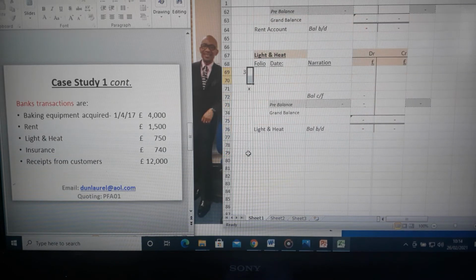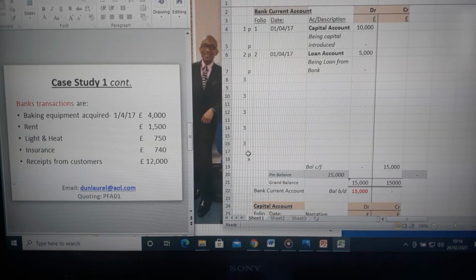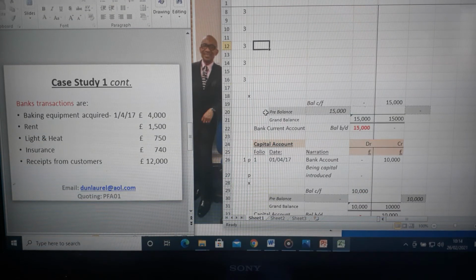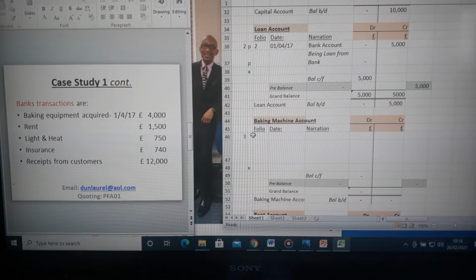So the first transaction, folio 3.1, the bank transaction, is the machine purchase. Machine is an asset, and as I recommend, you do the debit first and then the credit later. So we create an asset account. Here is the asset account.